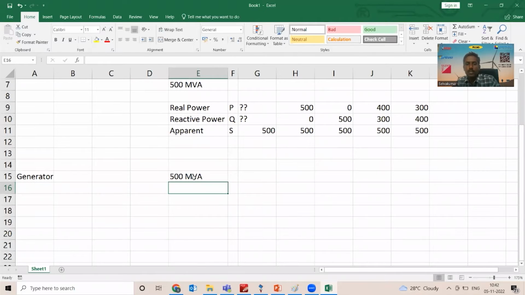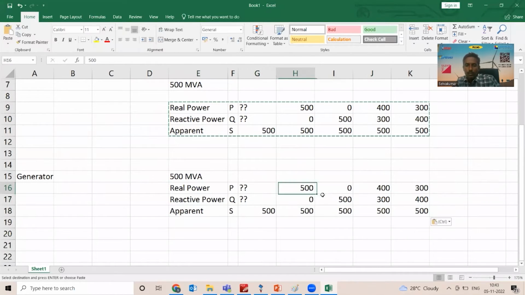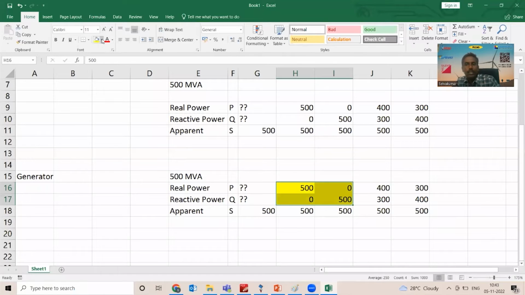Let's take this combination for a generator, 500 MVA, and ask the same question: is it technically possible? Technically, both of these are not really an operating point. Though we claim it's a 500 MVA generator, it may not be able to generate 500 megawatt, or it may not be able to generate 500 MVAR.